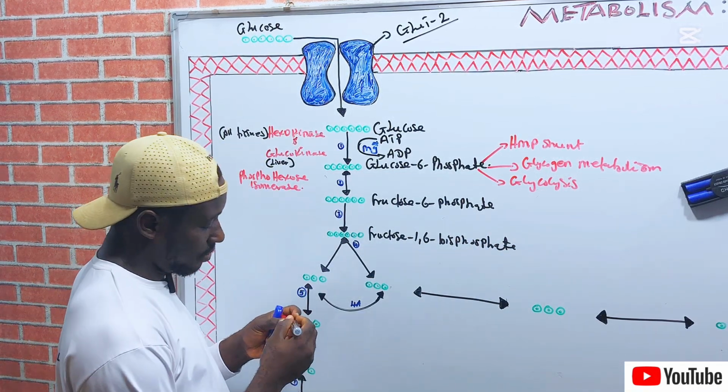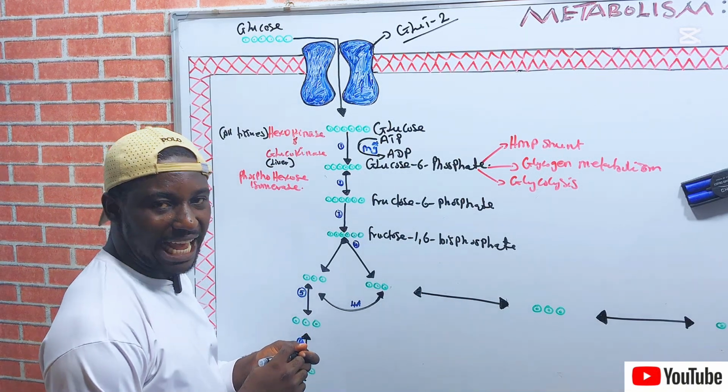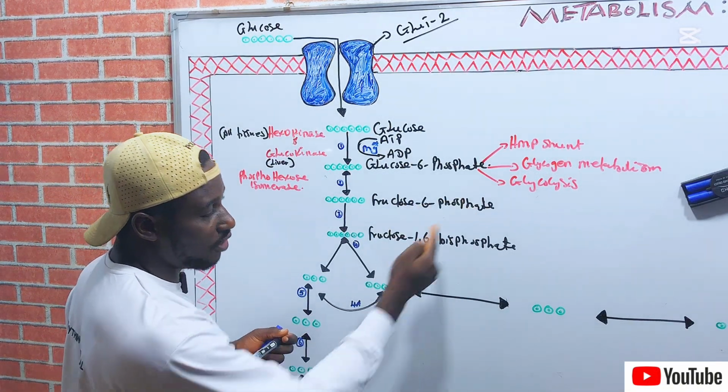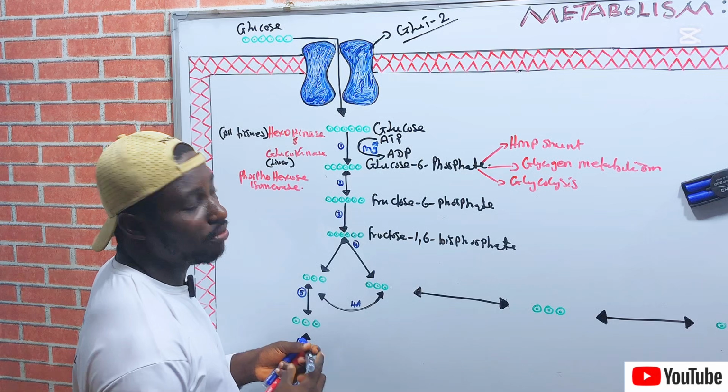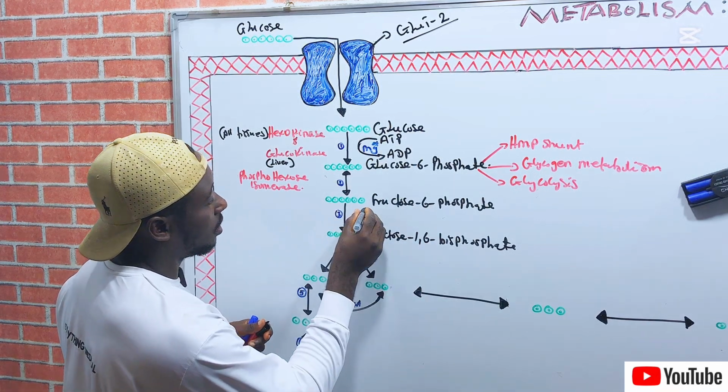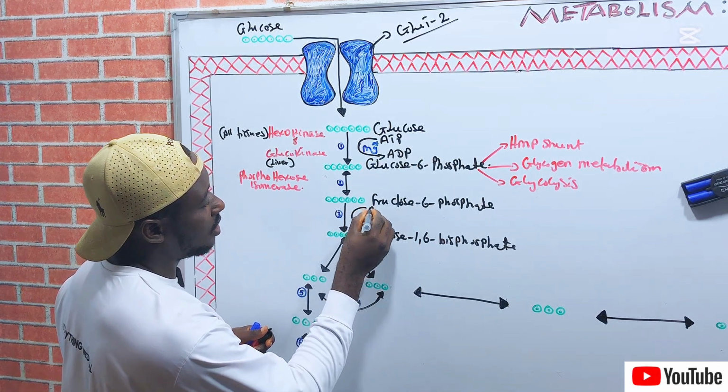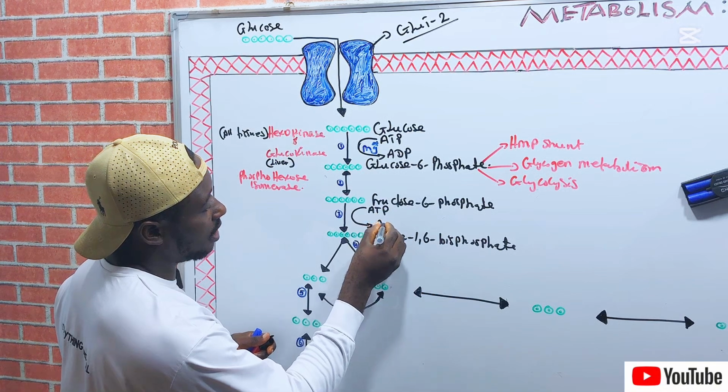And in this step, 1 ATP is utilized to phosphorylate fructose phosphate to form fructose 1,6-bisphosphate. So ATP is utilized to form ADP.